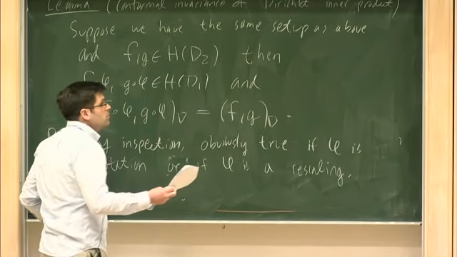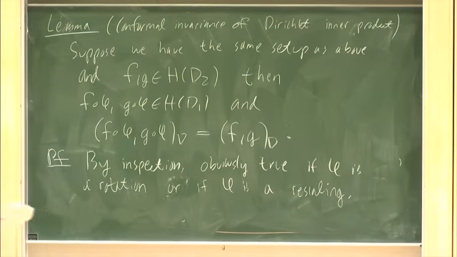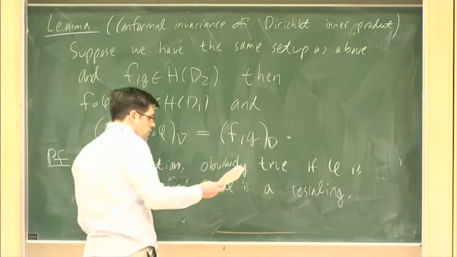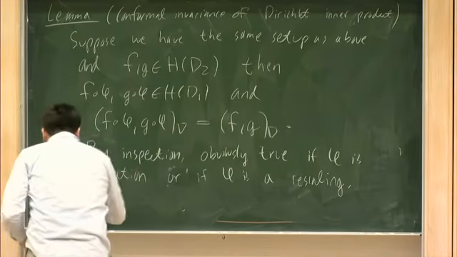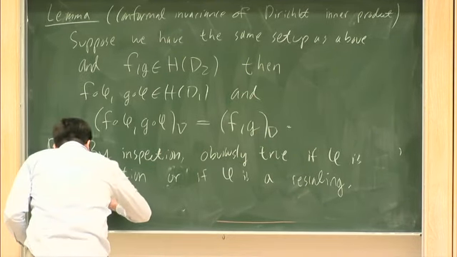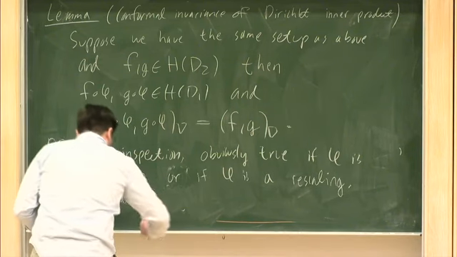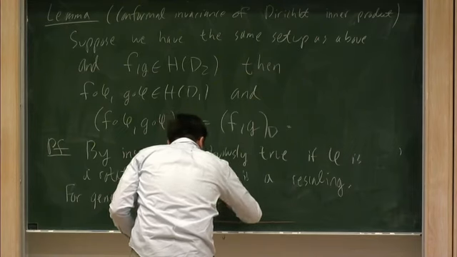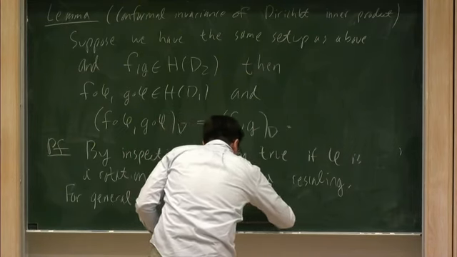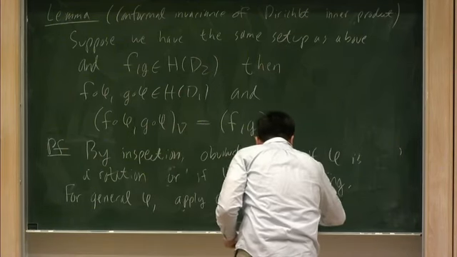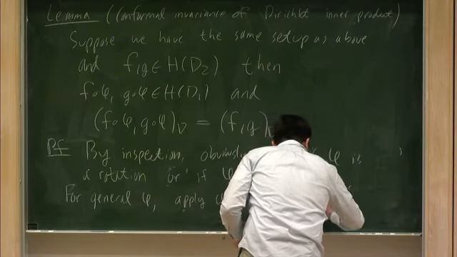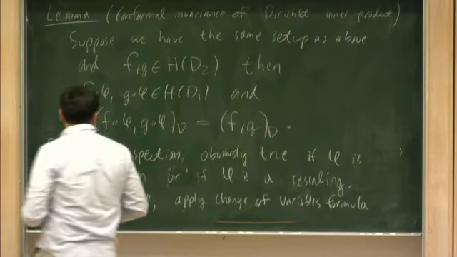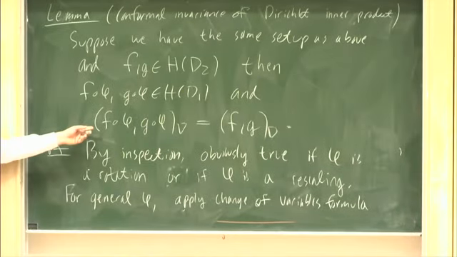So it doesn't use anything special yet about this map being conformal. And I don't want to do the full proof of this because it's a little bit computational. But let me just indicate how you do it, and then you can check it on your own if you want to. So for general phi, you just do a calculation where you apply the change of variables formula when you're calculating this first inner product here.